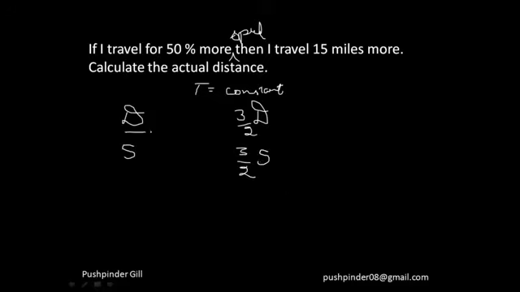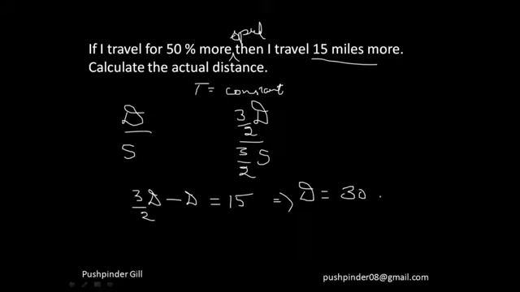Now you see the difference between this and this, given to you in the question, is 15 miles. So I can say that 3 by 2d minus d is equal to 15 miles, right? Because this is what is given in the question. So from this I can say that d is equal to 30 miles.